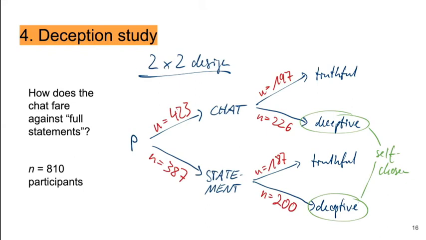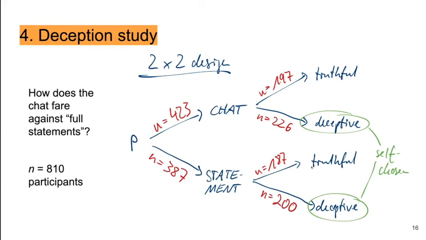Now about the deception study, and you will have access to the slides, of course, if you want to see the others. How does this chat fare against this full statement idea, where you just ask people to write a full statement and do this all online? We had a study, and people were in a 2x2 design first randomly allocated to either the chat or the full statement condition, and then had to either tell the truth or to lie about their plans after the pandemic is over.